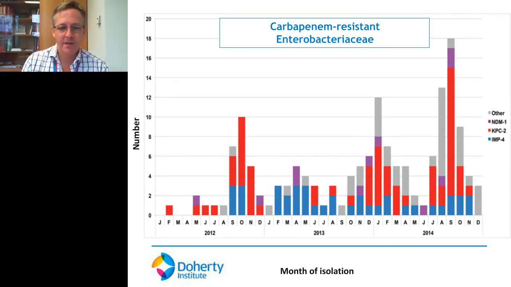But what's happened over the last couple of years is that these are the isolates that have been referred to our laboratory for characterisation of CRA gene detection, and you can see that there's been increasing numbers of carbapenem-resistant Enterobacteriaceae, and in particular larger numbers of KPC2 Klebsiella pneumoniae. And so there was a particular type of bacteria also with the same resistance element, and this made us wonder whether in fact there was some local transmission going on, because previously most cases have been internationally imported.